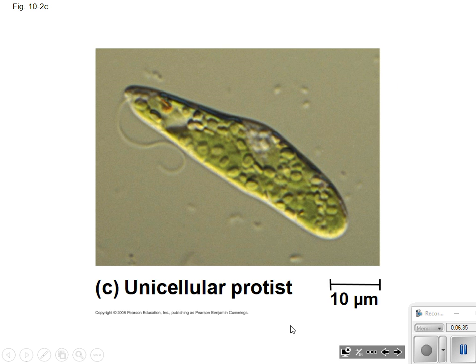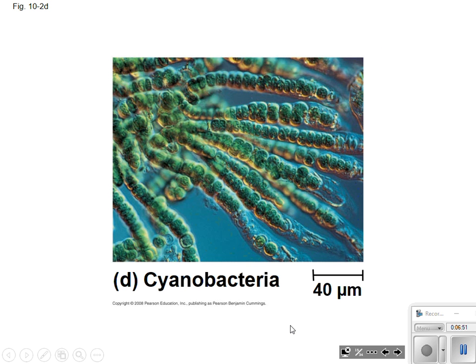Here's a guy called a euglena. That is a protist, a single-celled organism that undergoes photosynthesis. Cyanobacteria undergo photosynthesis.